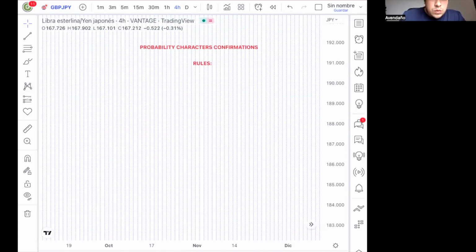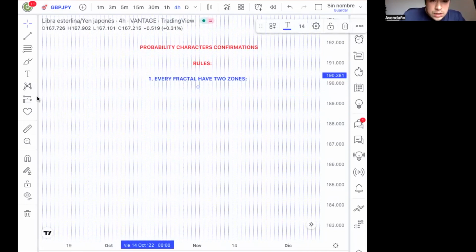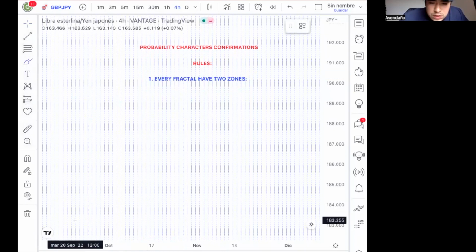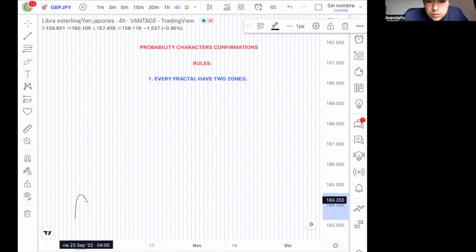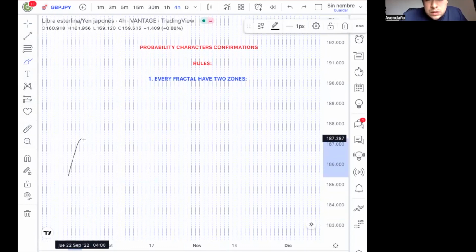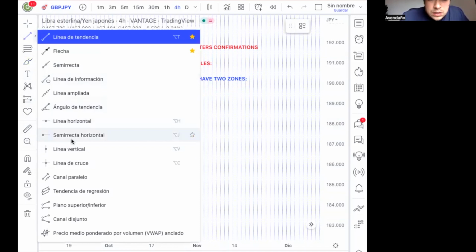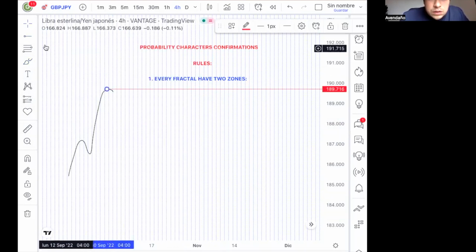So the first one is that every fractal has two zones. Let's draw it as we did. We come here, and let's say this is our fractal right here.